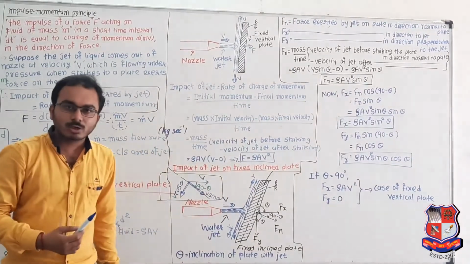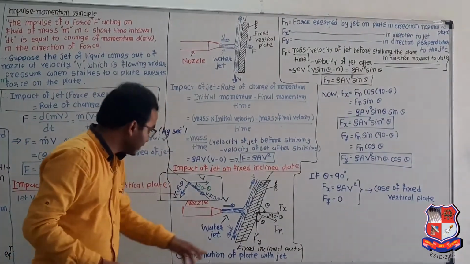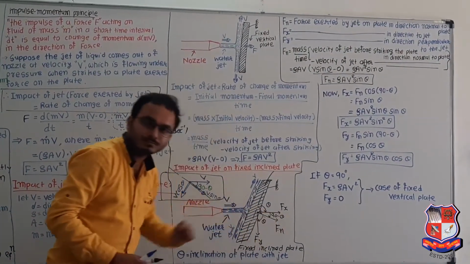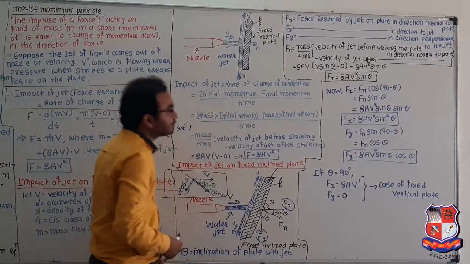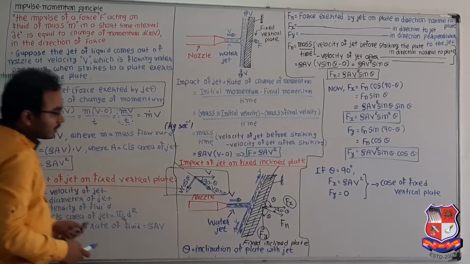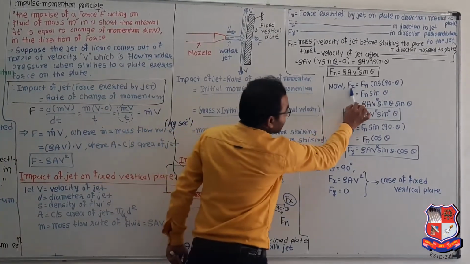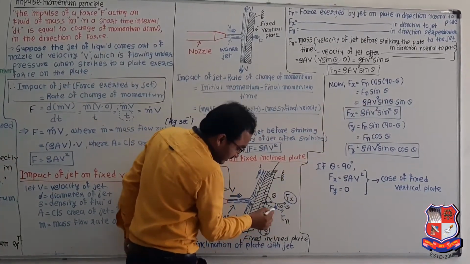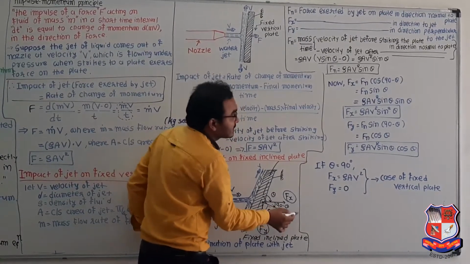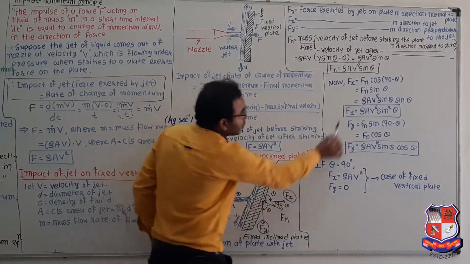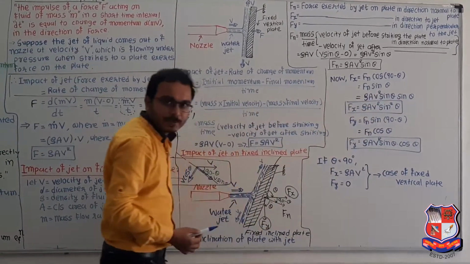Now we need to also calculate the forces Fx and Fy, which is mentioned over here. Okay. So now we will think of Fx and Fy. So Fx is equal to Fn, as this is the nearby angle. So we need to take cos of this, which is 90 minus theta. So Fn into cos of 90 minus theta.